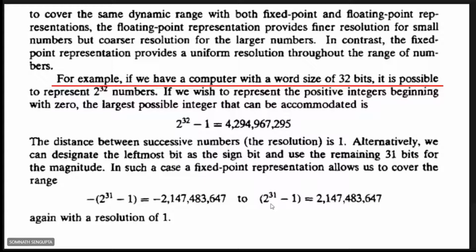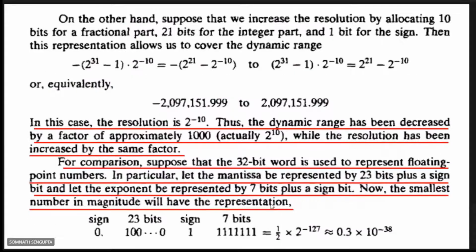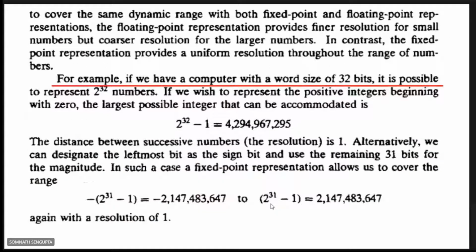So this is one case. Let us consider a smaller value. Suppose we have the number plus 7, and the number of bits is 4. How will we represent plus 7?